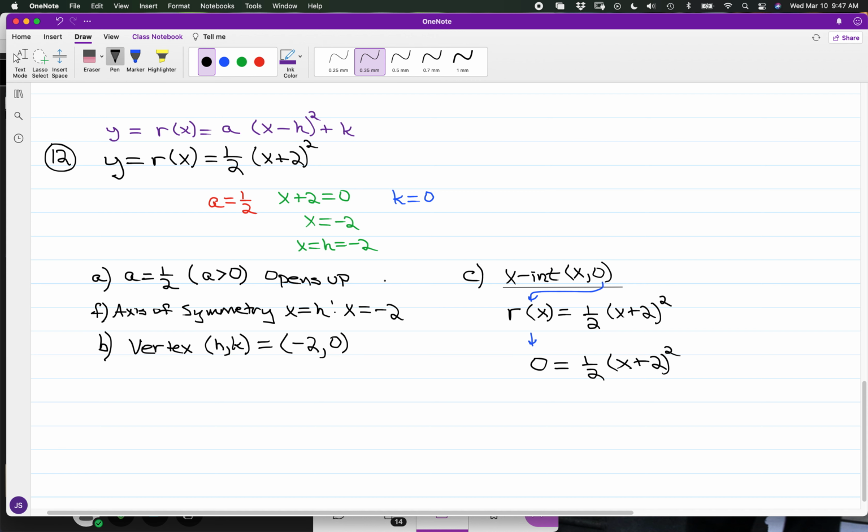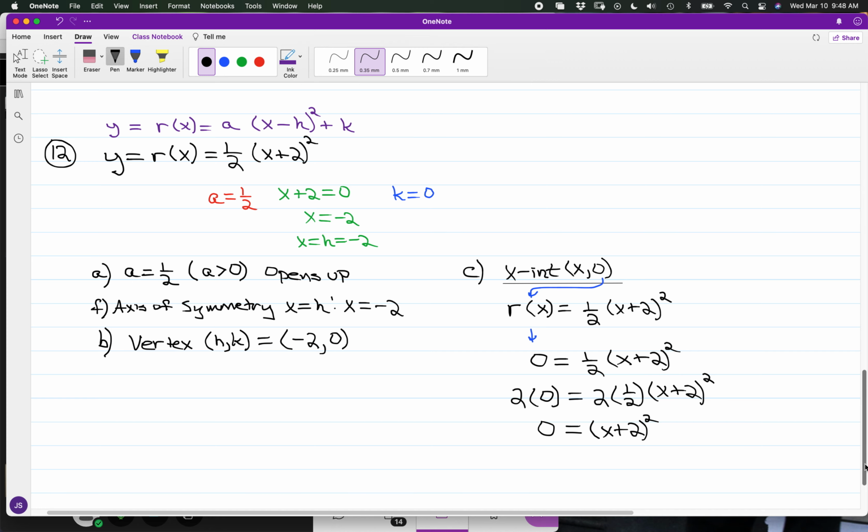So if I multiply both sides of the equation by 2, just so as to get rid of the 1/2, 2 times 0 is 0, and 2 times 1/2 is 1, and then we have the square of x plus 2.